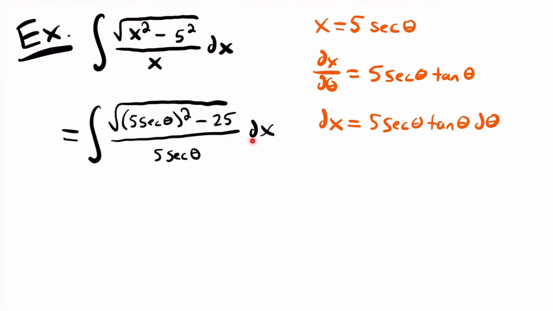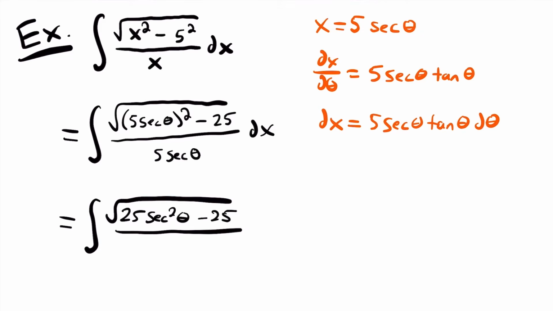And so if we replace dx with what it's equal to, we will have that this is equal to the integral of the square root of 5 times secant theta squared. And so let's square each of those parts. 5 squared is 25, and secant theta squared is secant squared theta. So we'll have 25 times secant squared theta minus 25 divided by 5 times secant theta.